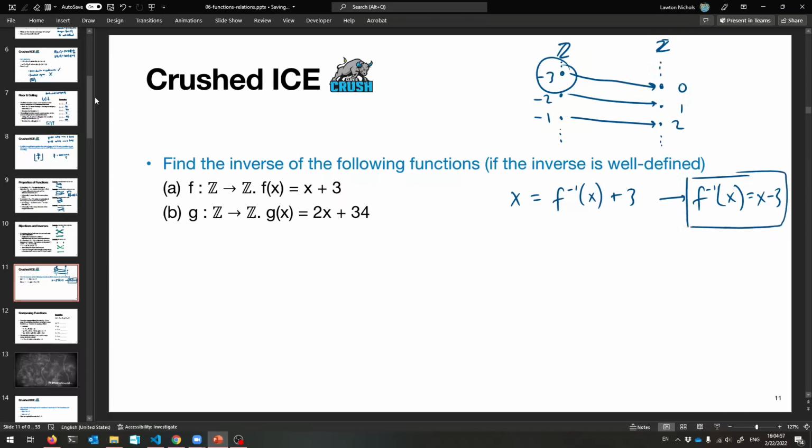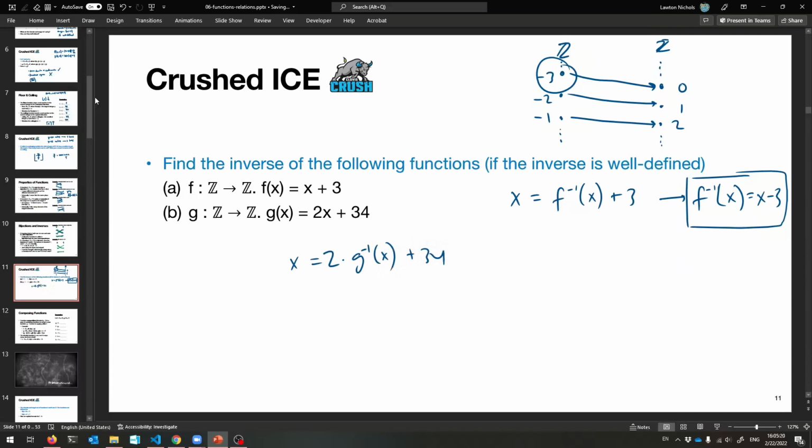Okay, so now let's do g. Is g invertible? So we can also try and solve for the inverse. Replace everybody. So how do we get x out of this function? 2 times the inverse of x plus 34.